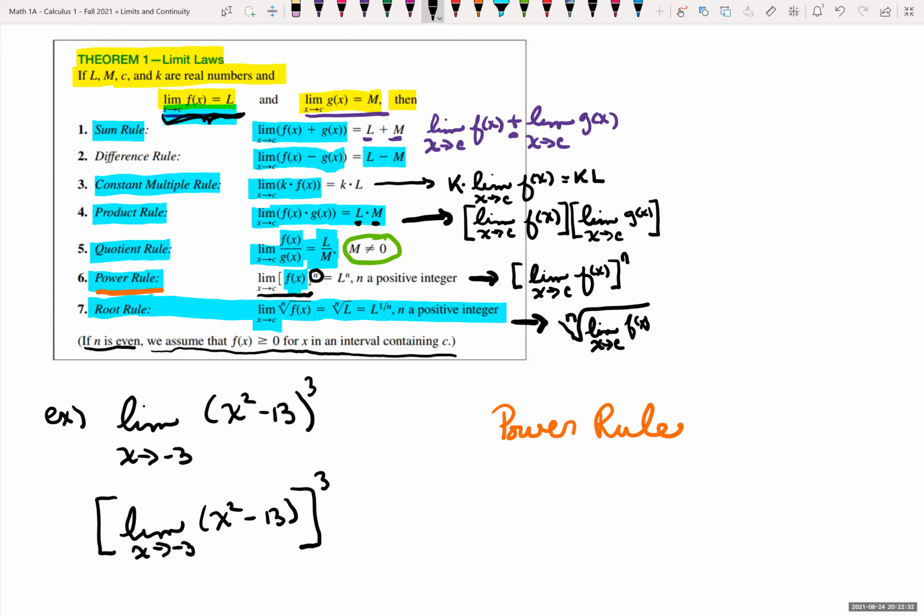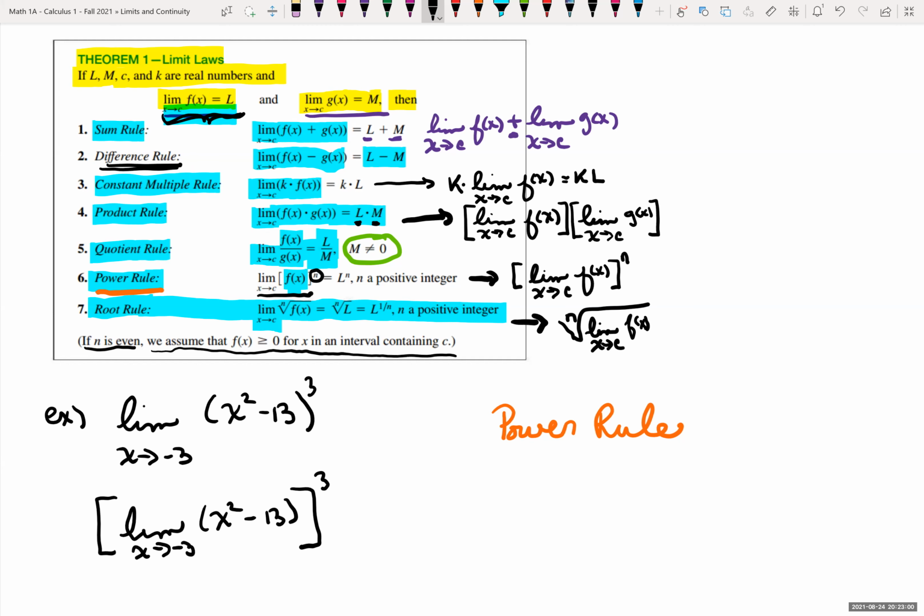So now I'm looking at inside that bracket when I'm looking at the limit. And notice that I have x squared minus 13. So I technically have two separate terms in here. And I can think of one function being x squared and another function being 13 or -13. And so I can use the difference rule. Let's use this difference rule now.